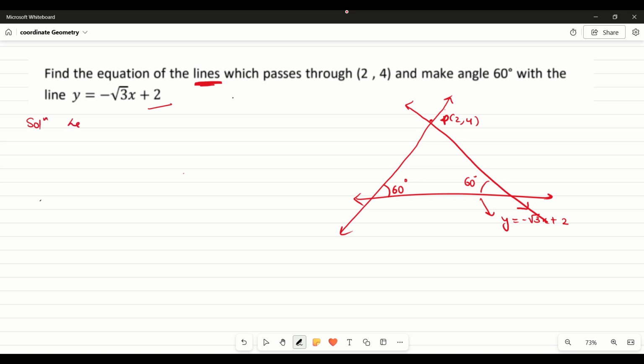Now let's mention whatever we have drawn.